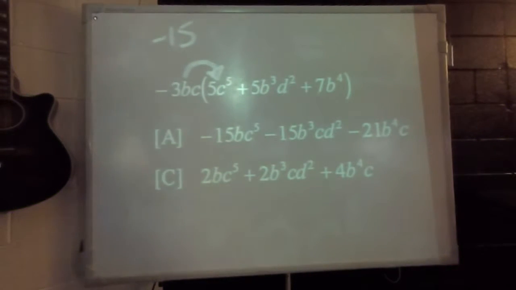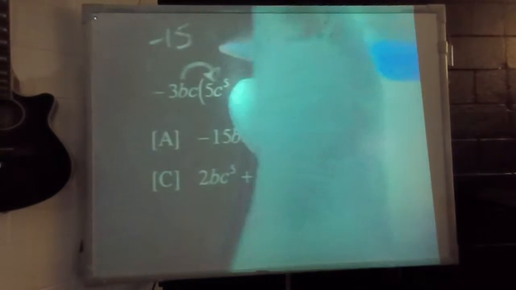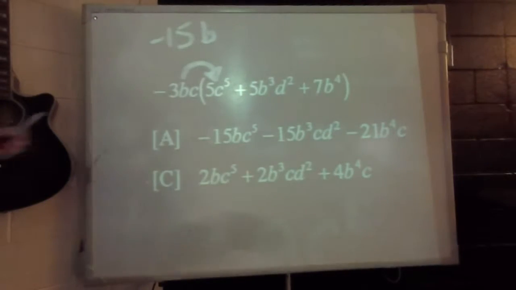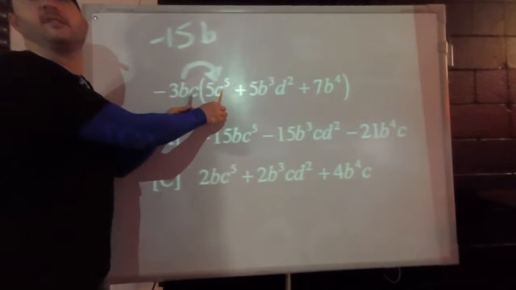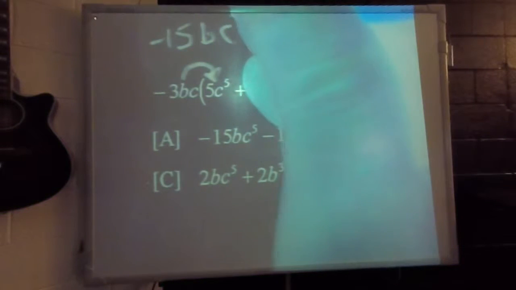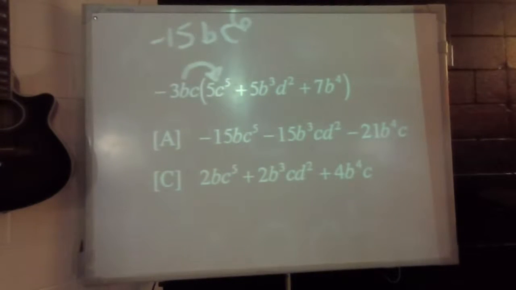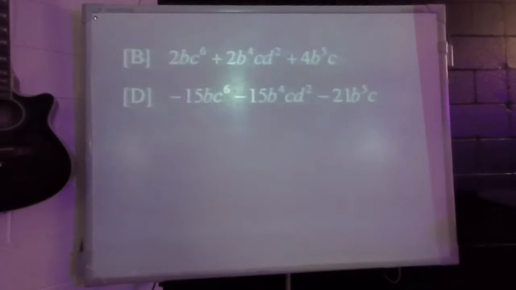And then we don't have any A's, but we have a 1B. So put the B. And then what do we do about these? I got C1 and C5. C6. How many answers do you have that start out with negative 15, BC6? 1. Yeah, so that's it, right? That's easy. So it's got to be D.